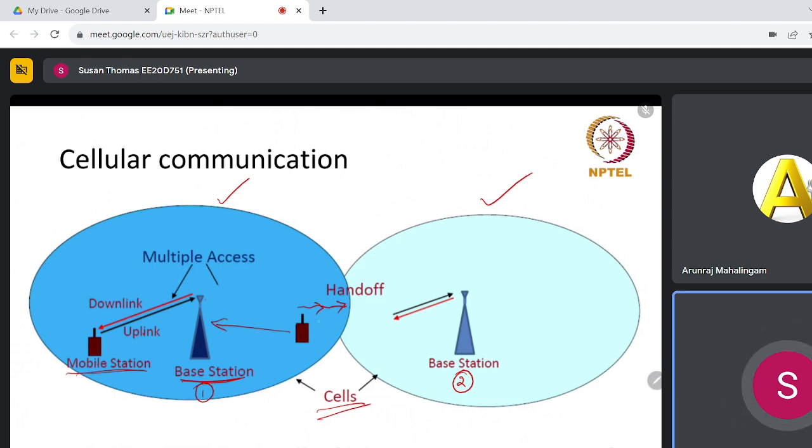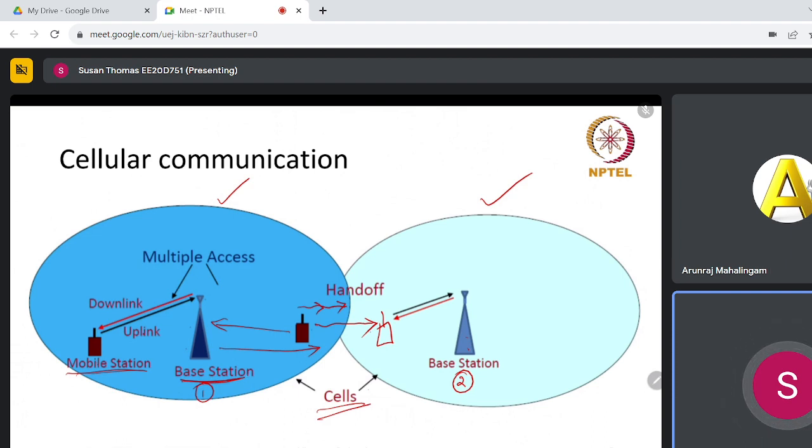As the distance from the base station is increasing, the received power will reduce. Imagine it is entering the next cell. So the distance from base station 2 is less compared to the distance to base station 1. So there will be more signal from base station 2.